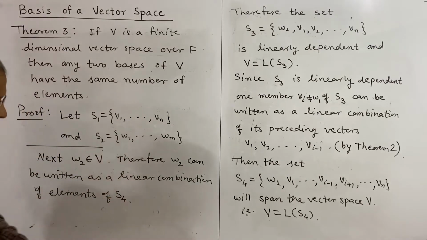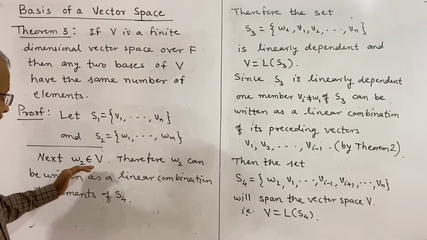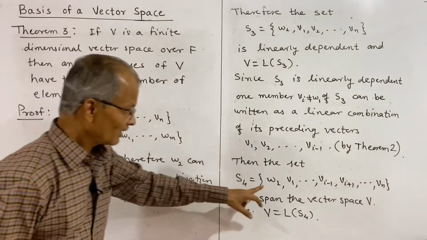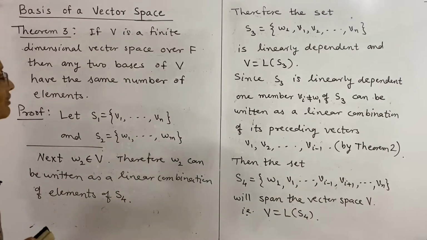Why? Because S4 spans V, and therefore any element of V, W2 being an element, can be written as a linear combination of this set S4.